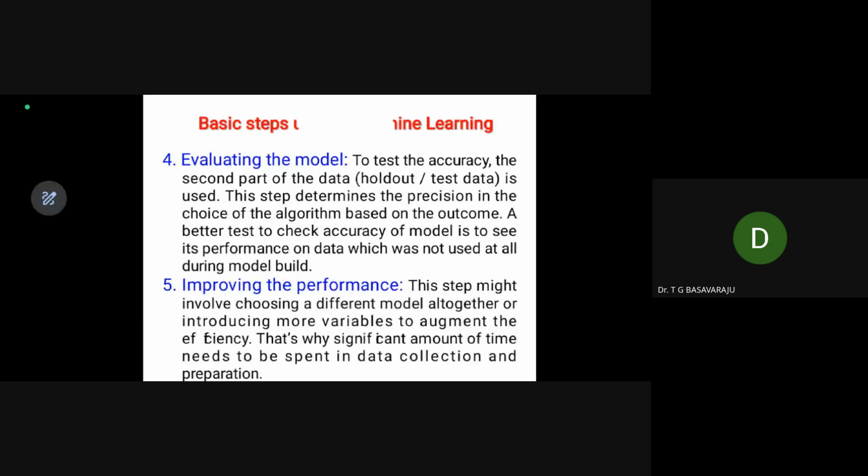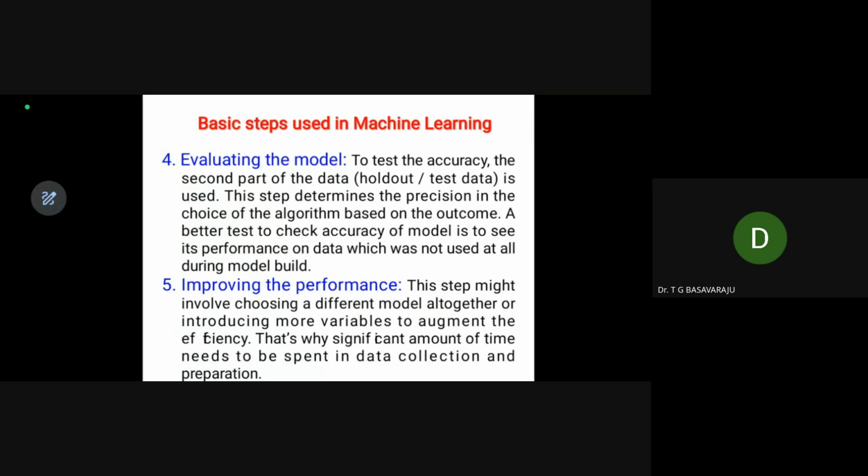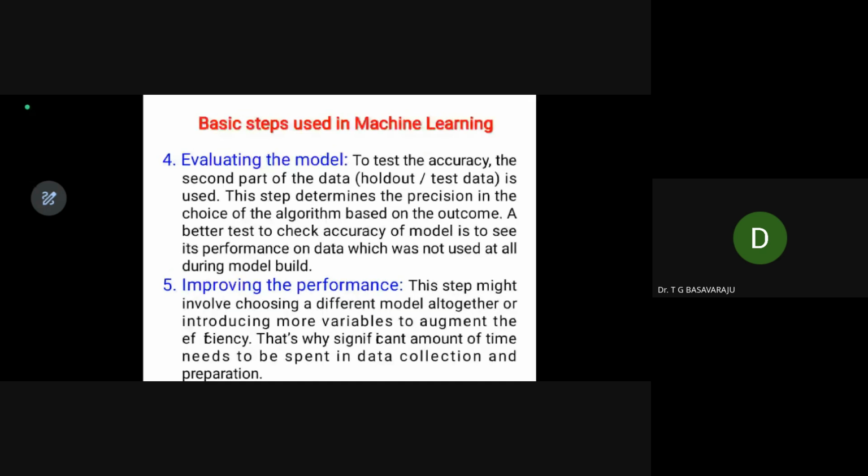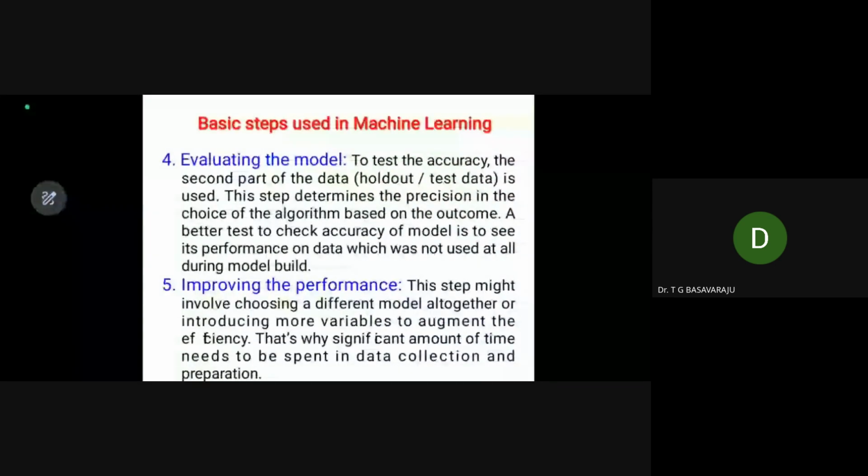After doing this, we evaluate our model. That is, we use the test data to find out how accurate our model is, depending on its performance. And finally, if any improvement is required, modifications are made again and we try to improve the performance.